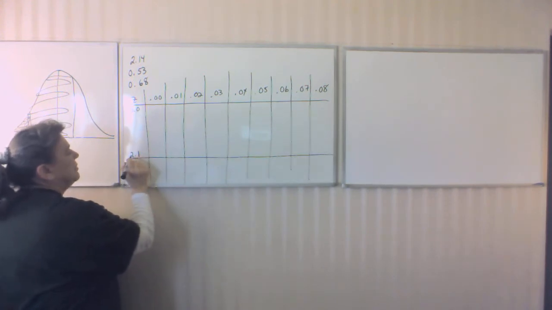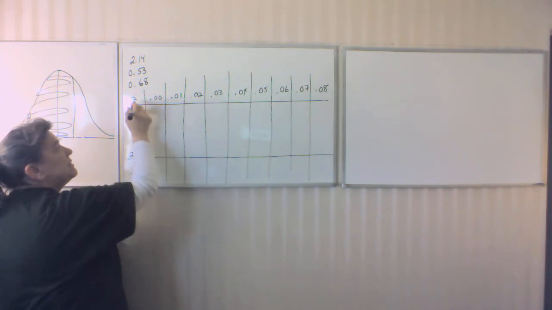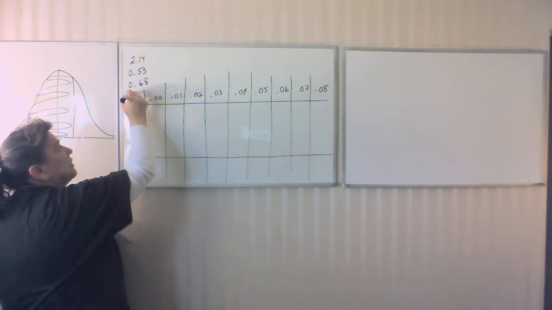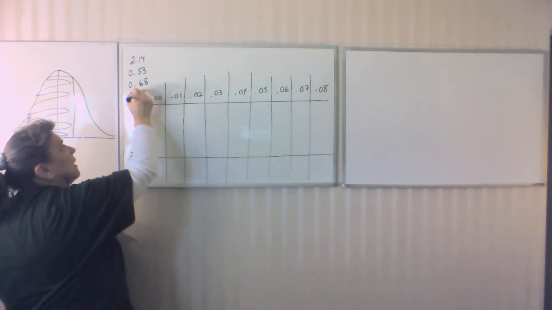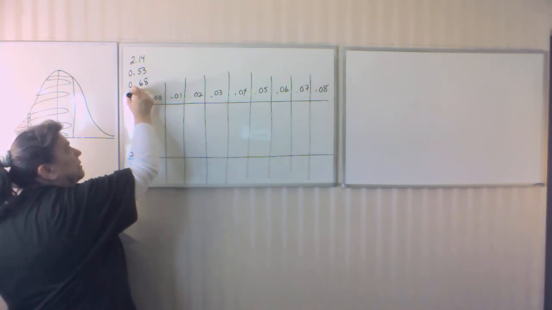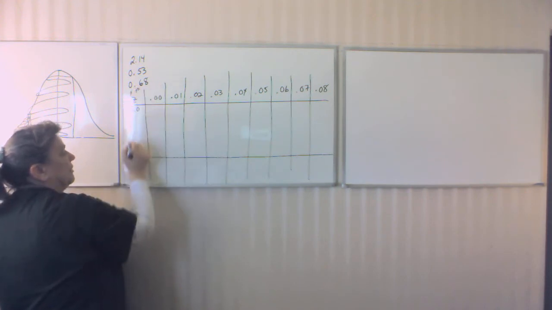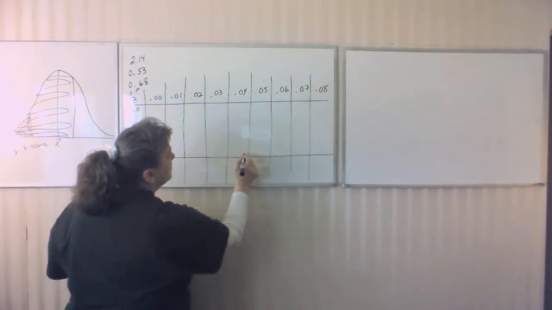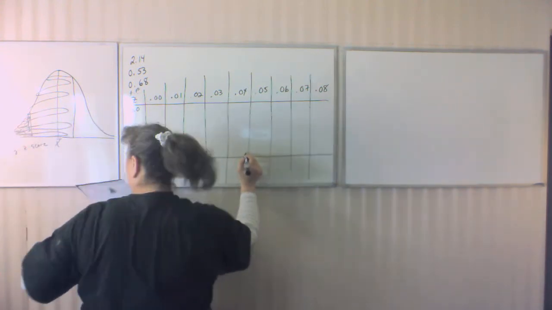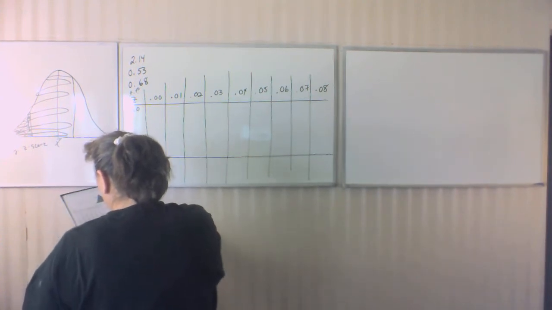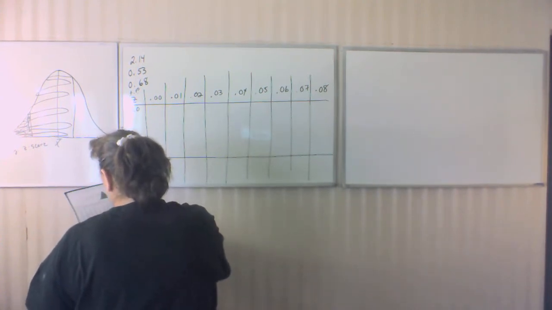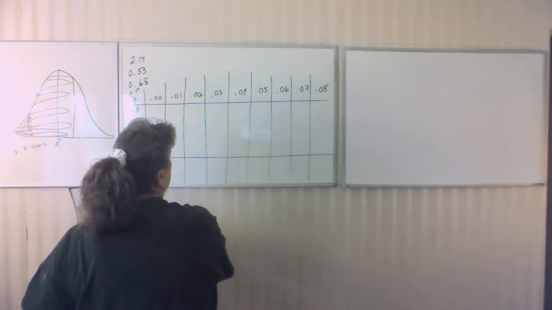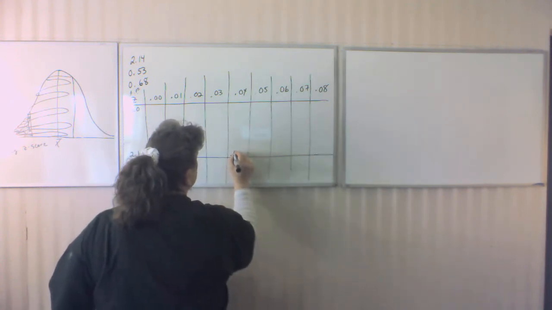You're going to go to the whole number and the tenths place value, because that's what this gives me, the first decimal place after. So we're going to go to 2.1, and then we're going to go across to the column that has 0.04 in it. So 2.1, go across to 0.04, is 0.9838, which is what is in that column.